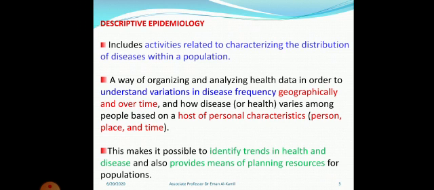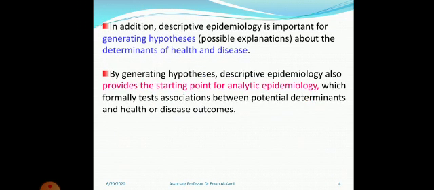So it is going to describe the variation in the occurrence of the disease regarding person characteristics, place, and different time of the year. So this makes it possible to identify the trends in health and disease, and also provides means of planning resources for the population in order to plan relevant healthcare services.